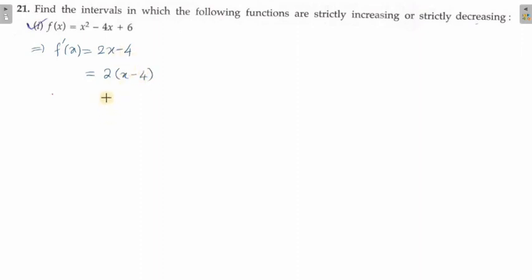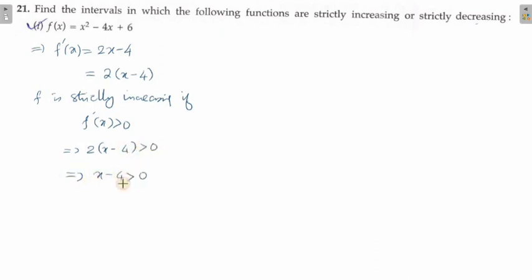So you know that f is strictly increasing if f dash of x is greater than 0. So f dash of x is 2 into x minus 4, which is greater than 0, so it means x minus 4 is greater than 0, and that means x is greater than 4.